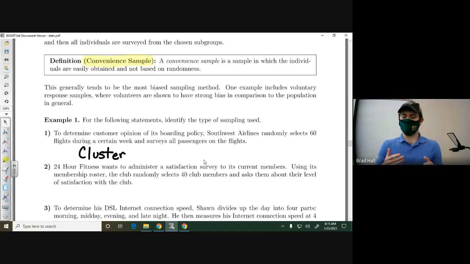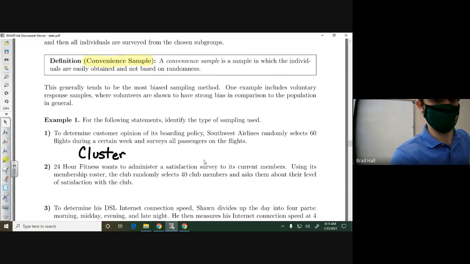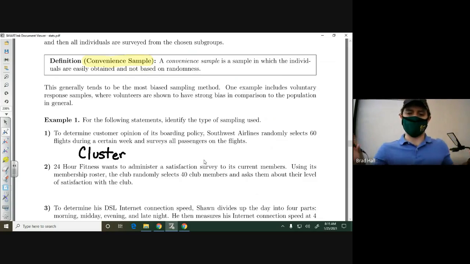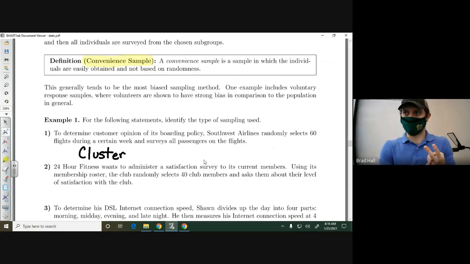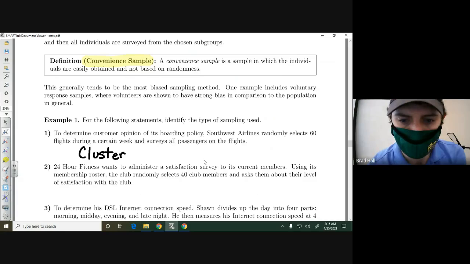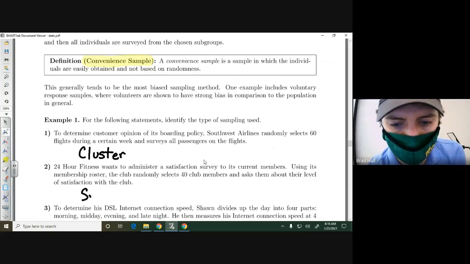Stratified, there'd be some group involved. There'd be some sort of overlying groups. This would just be simple random for the second one. You're just taking, out of all the people that go to 24 Hour Fitness, you're just going to choose 40 of them at random. There's no groups involved, so cluster and stratified would instantly be out. And so we move on to simple random.